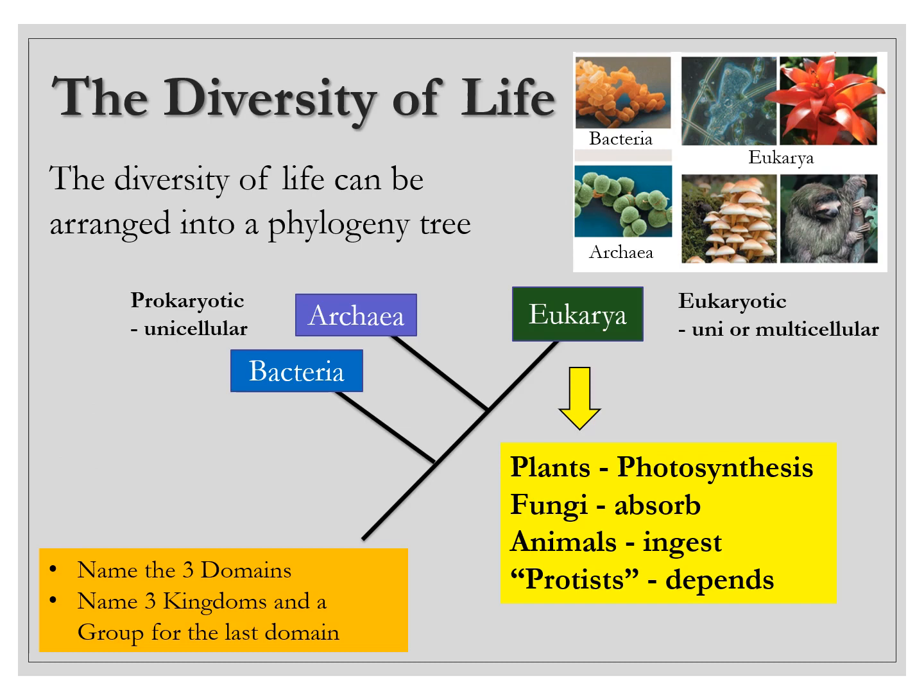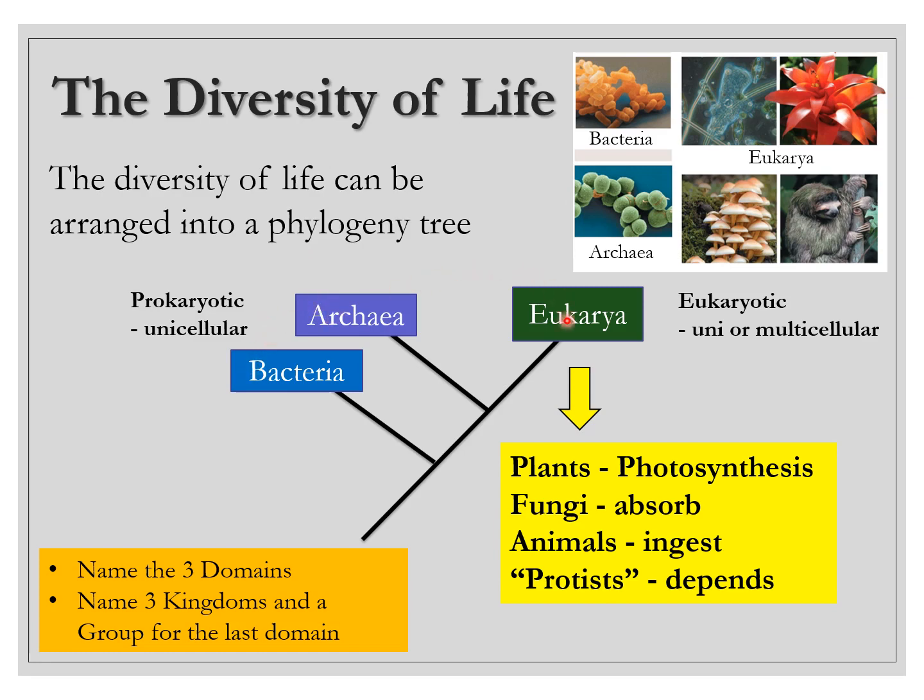So let's look at a little tree of diversity. This is called a phylogeny tree, and we're going to become more familiar with this type of organization later in the course. If we take our 3 domains, we have our bacteria, archaea, and eukarya.